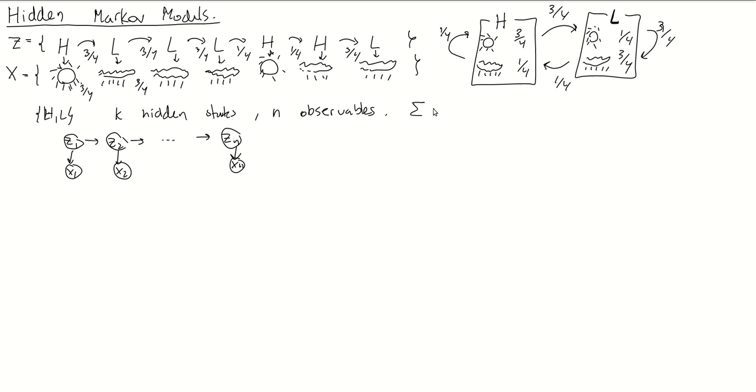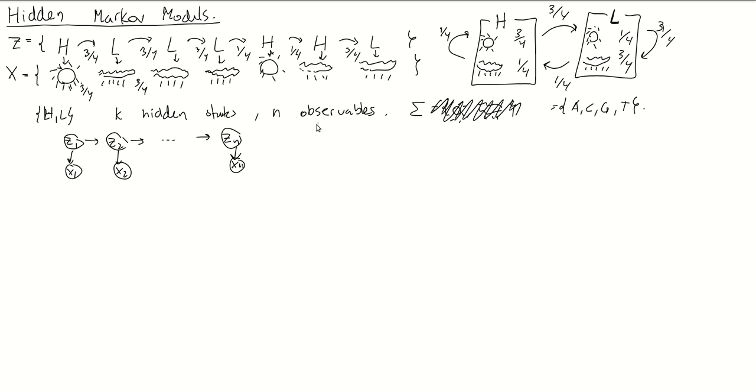In the case above, this would have been just sunshine and rain, but this might be any arbitrary alphabet. So if we were modeling DNA, this would be A, C, G, and T. But this could also be anything larger.